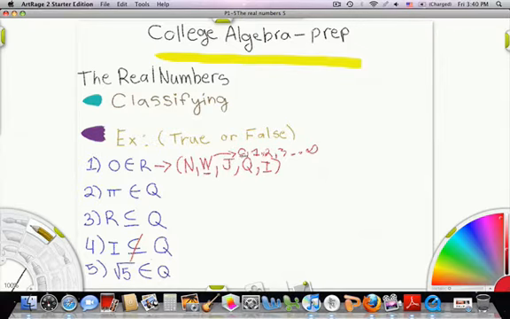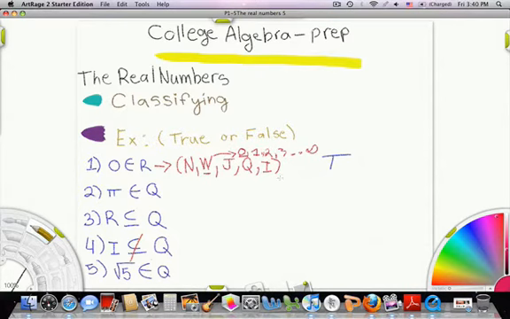So since there is a 0 in this member set, this statement is true because 0 is in the member set of real numbers. So we just denote that by the letter T here.